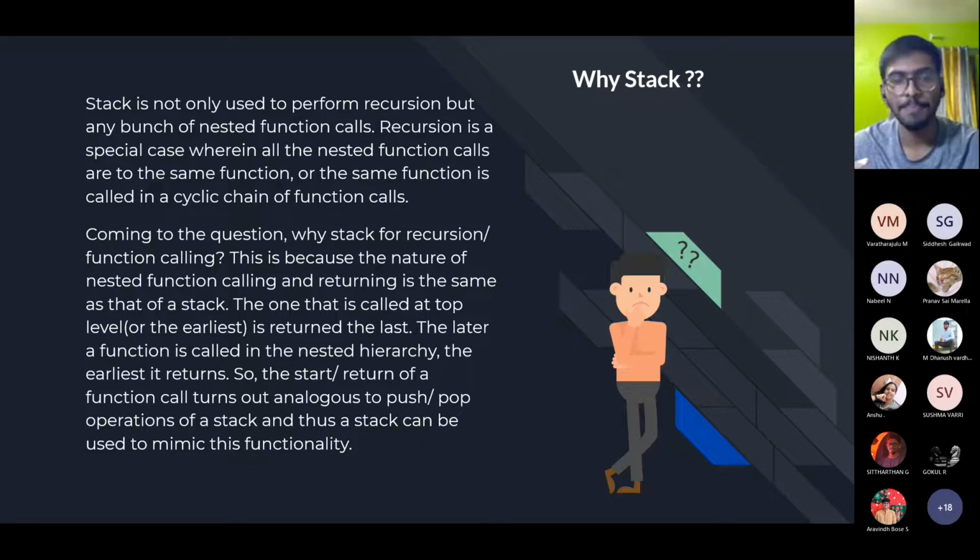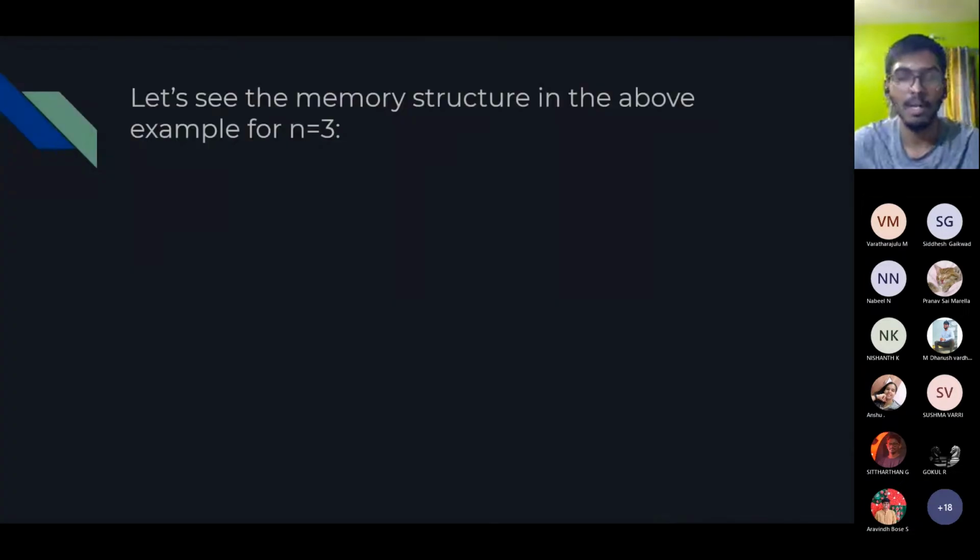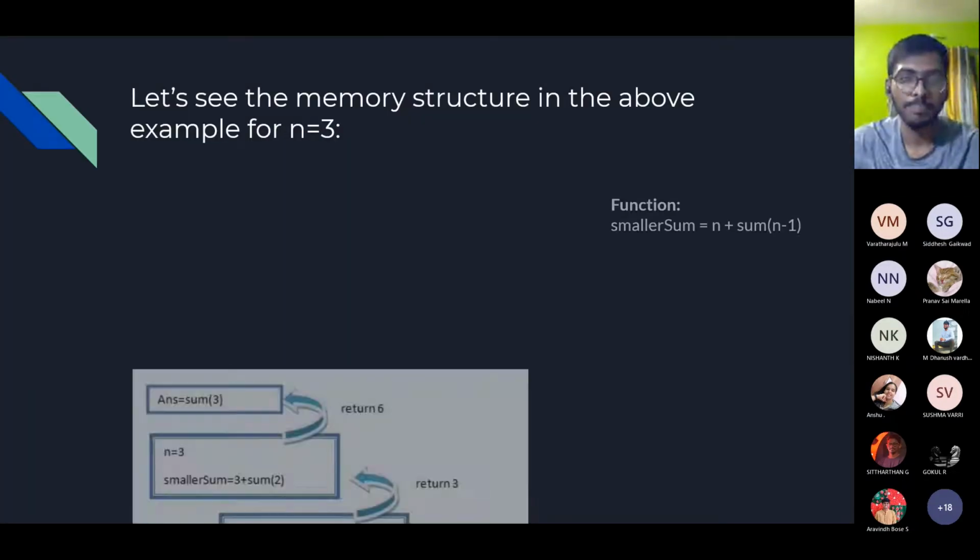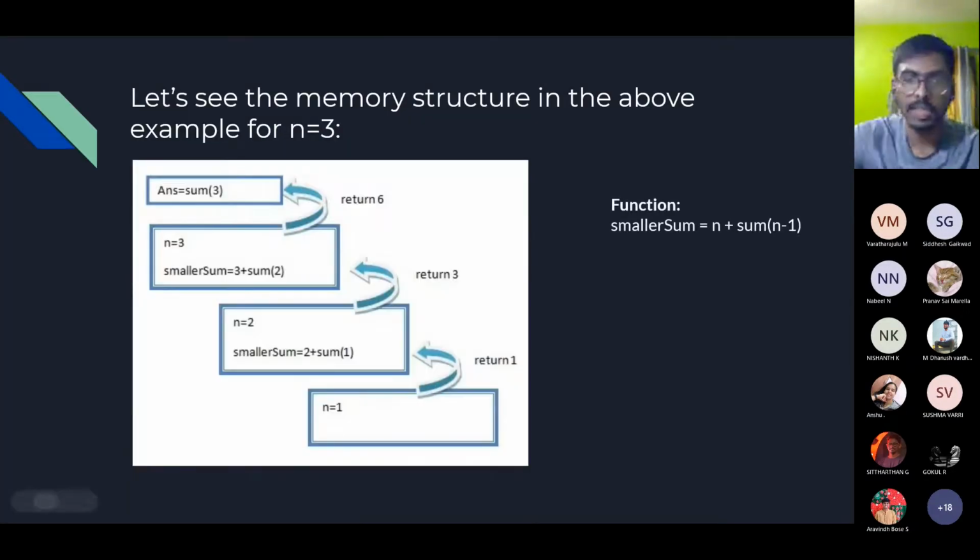So the process will be like you're calling a function and using it. Using the function, you're again calling the function. I will explain it in more detail with an example. See here, here is the function: smaller sum equals n plus sum of n minus 1.